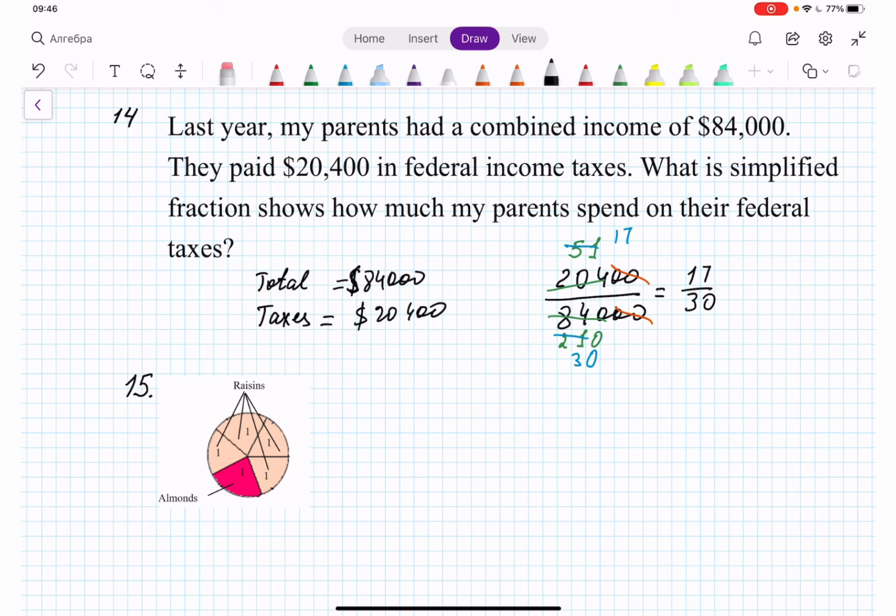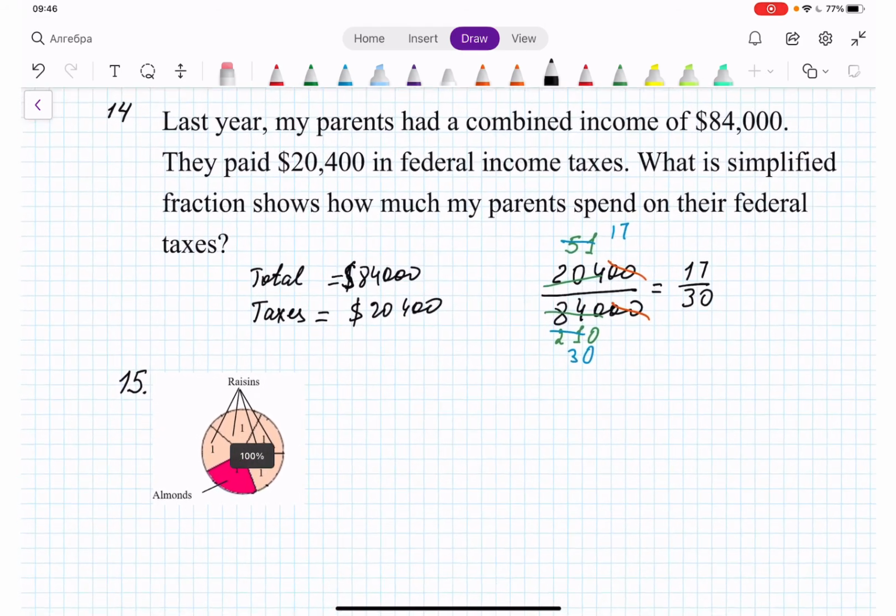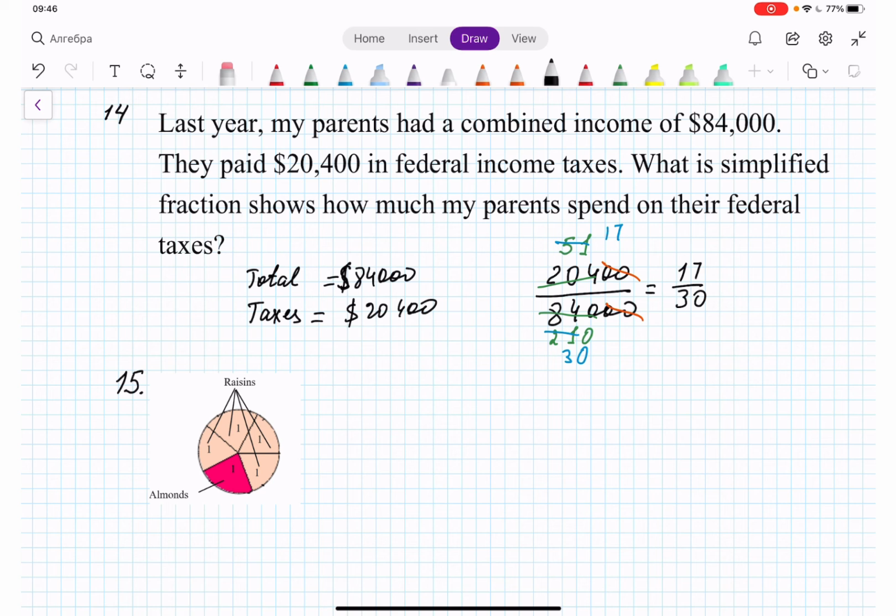What do we have? A pie chart gives the recipe for a premium blend trail mix. So what part of the premium blend is composed of raisins? Composed of raisins, how many, what percentage? No, portion, okay.